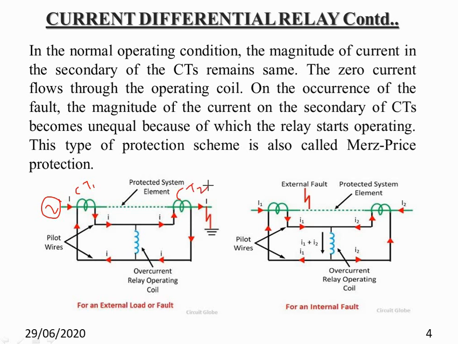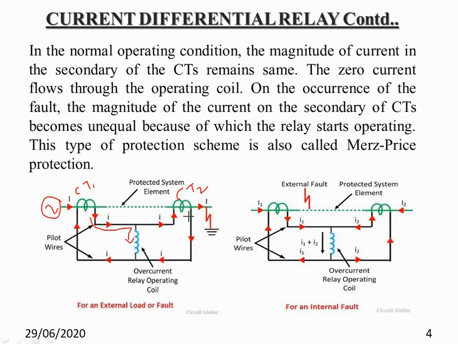Now the current will be checked by CT1 and CT2. In CT1, the capital I current is entering the primary, so the secondary current will be small i, and we can see that through CT2 the same current, capital I, is flowing. So definitely for CT2 the current will be small i. Now what is the direction of this flow of current? Suppose through CT1 the current will flow, and it is ultimately going through the operating coil in this direction.